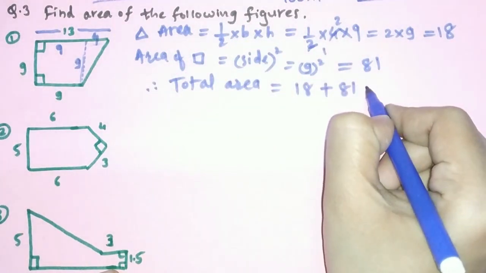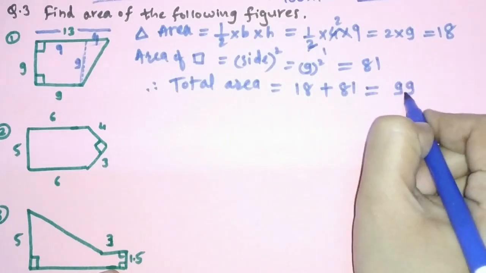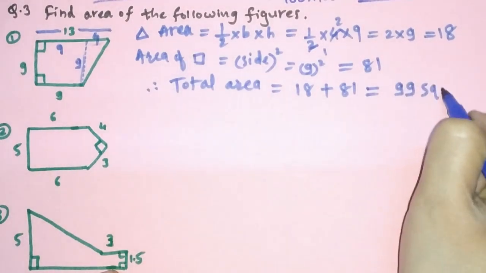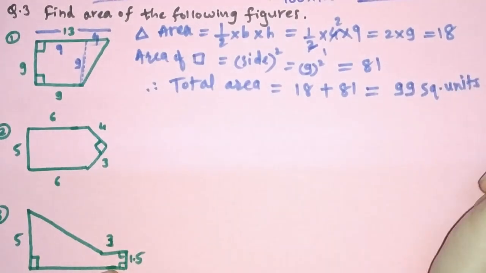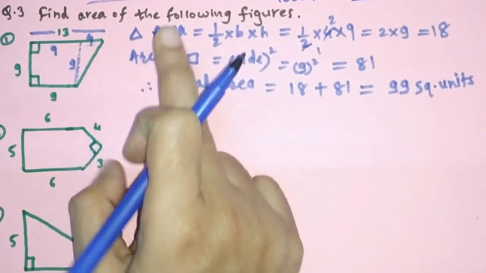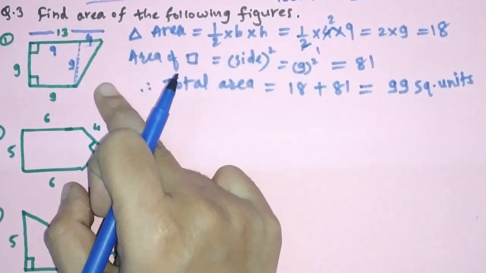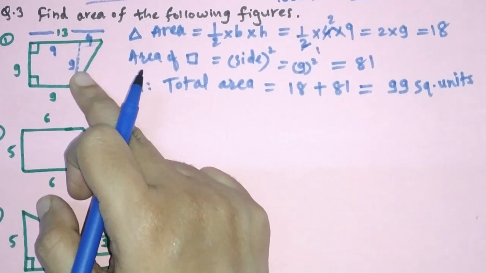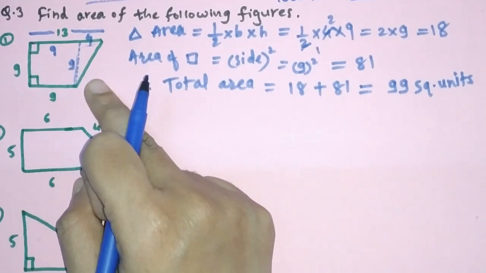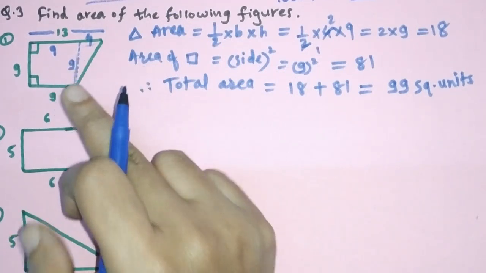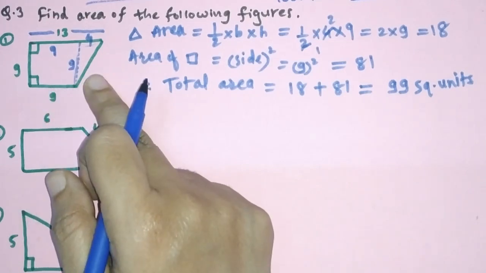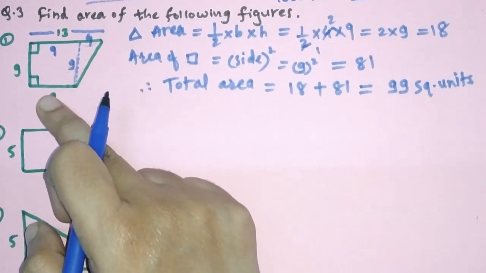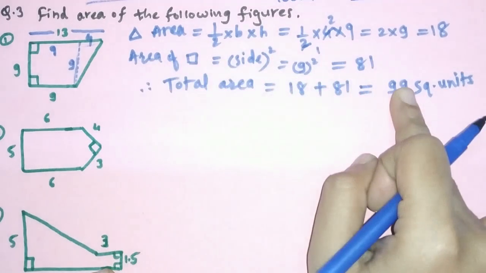So friends, 18 plus 81 you will get 99 square units. Remember, in a question such as find the area of the following figures, you have to first observe the figure carefully and find out the area of each part. Like here, two parts make this figure, one triangle and one square. So find the two areas separately and then add them.